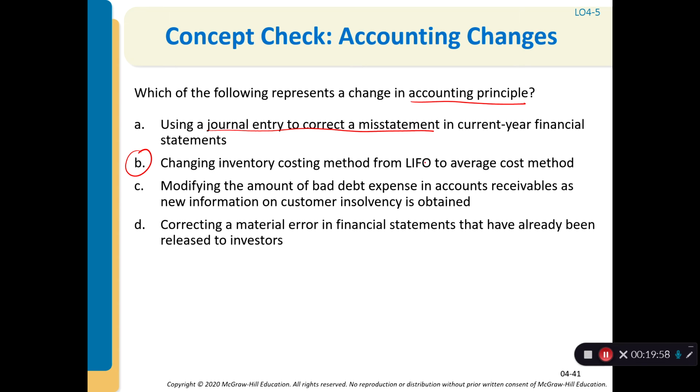Changing from LIFO to the average cost method is a principle change, right? C, modifying the amount of bad debt expense on accounts receivable as new information about customers' insolvency is obtained. This is an estimation change, and we apply it prospectively. And D, correcting a material error, so that's an error. So definitely choose B.